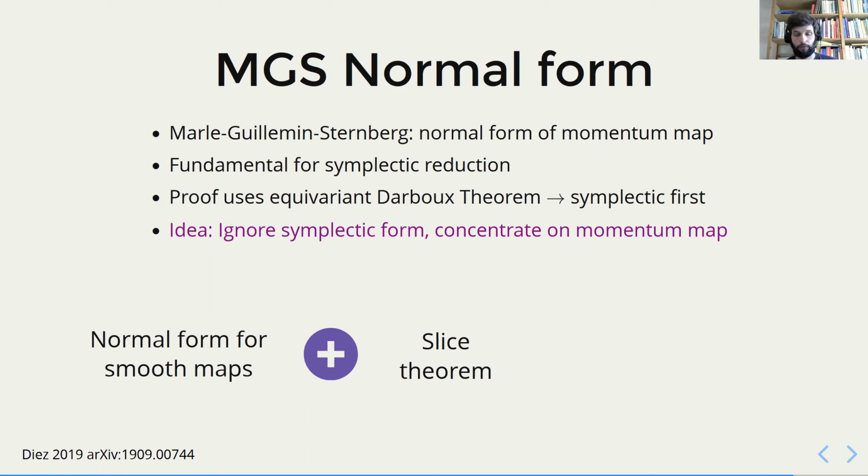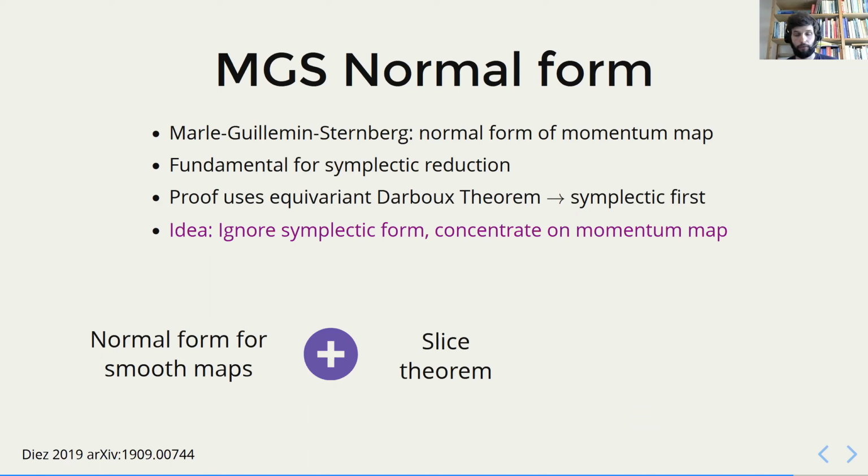And if you then apply this with some symplectic geometry, and in particular only linear symplectic geometry, you can refine these ideas to get a normal form for the momentum map. So the proof then relies only on the inverse function theorem and then on the slice theorem, and doesn't use any Darboux theorem in its process.